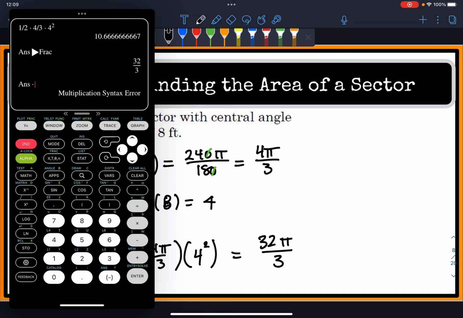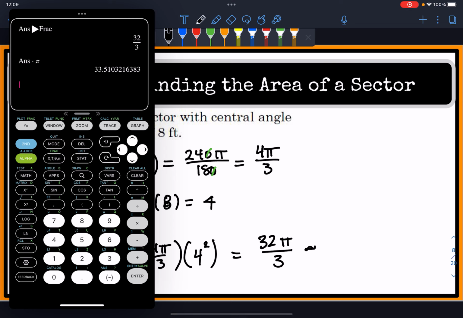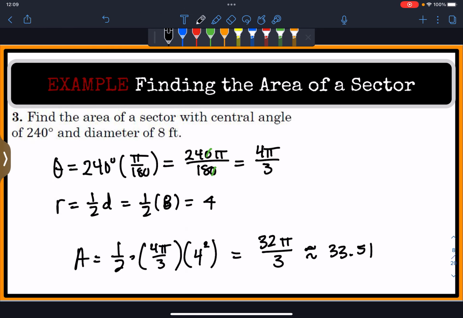Let's multiply it with pi so we can approximate that answer. And when I actually multiply it with pi, that approximately is 33.51. And this one, because it's area, it's going to be square units, so square feet. And that is your area.